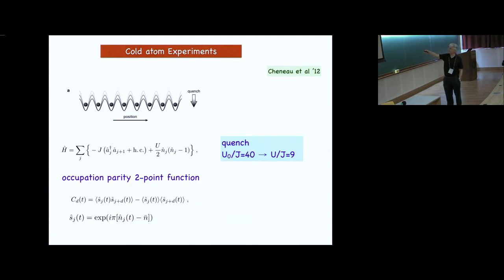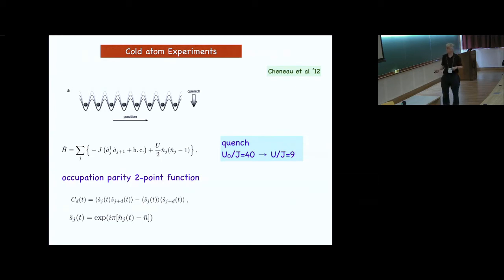They started with some periodic potential, and initially you have one atom sitting in each of the potential wells. So that's not an eigenstate. The Hamiltonian that describes the dynamics of the system is, to a very good approximation, this Bose-Hubbard model. These are bosonic creation and annihilation operators that describe hopping of bosons along a line. And if two bosons occupy the same site, they repel each other with some strength U/2.